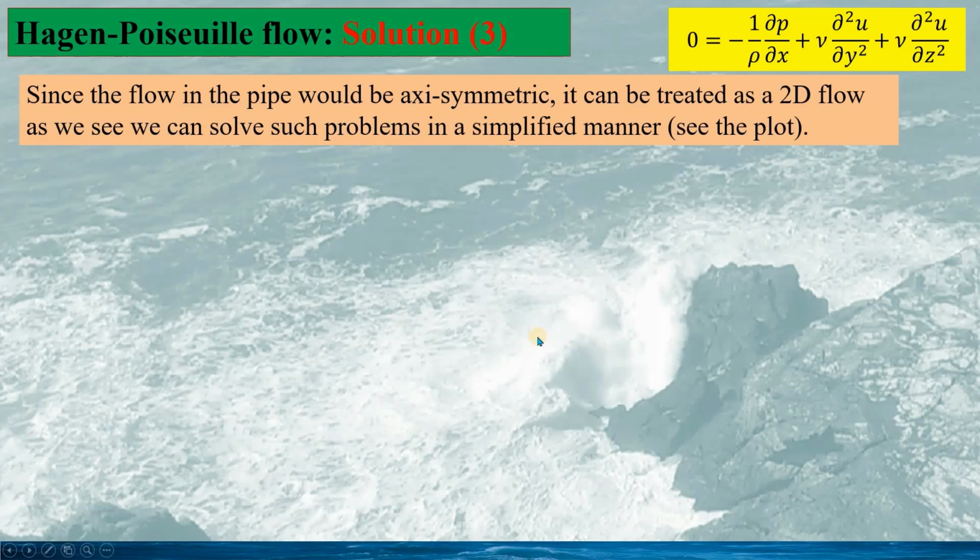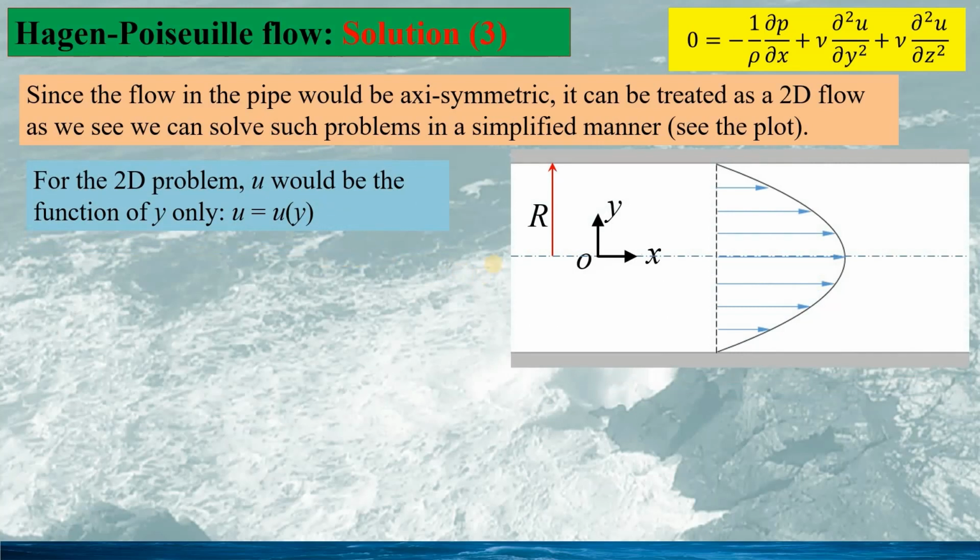As we have mentioned before, the flow in the pipe would be axisymmetric. Thus, it can be treated as a 2D flow. So, we can solve the 2D problem in a simplified manner. See the plot here. Now, for the 2D problem, the velocity component u would be a function of y only.